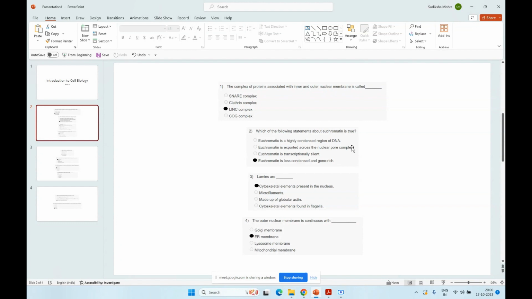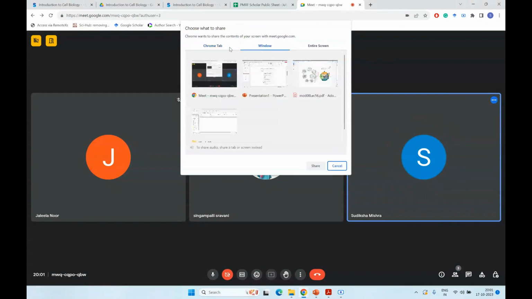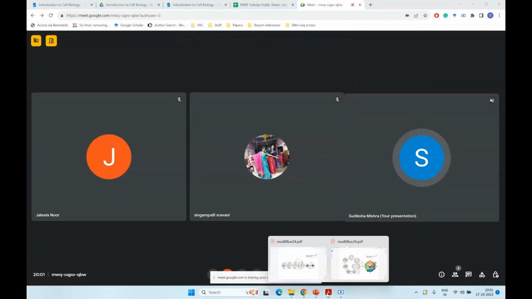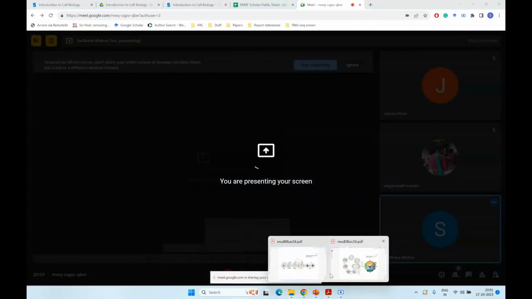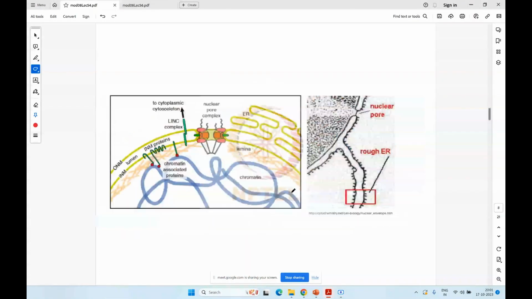Lamins are cytoskeletal elements present in the nucleus. The outer nuclear membrane of the cell is continuous with the ER membrane, if you remember.